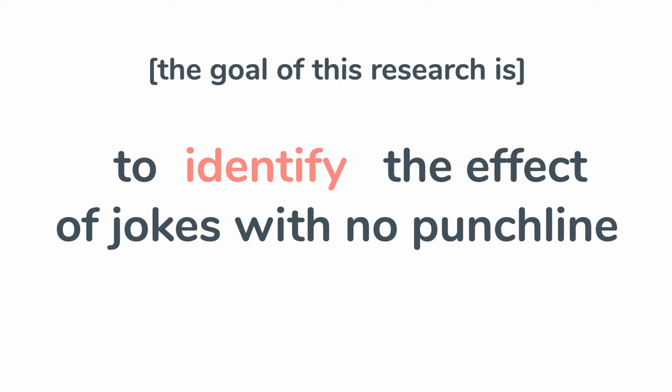I want to identify the effect of jokes with no punchline. But it could also be, I want to explore the effect of jokes with no punchline. Now, the type of research I would do in this case and in this case would be different. And it would be even more different if I described the effect.